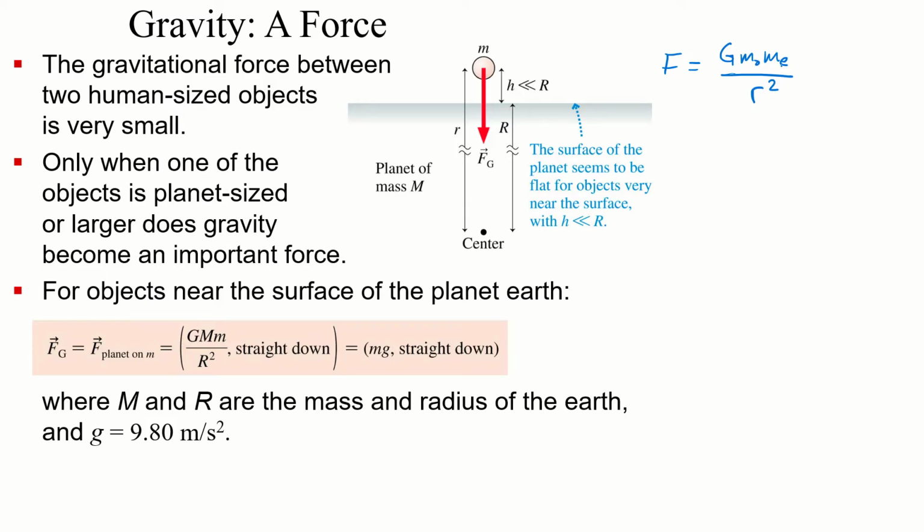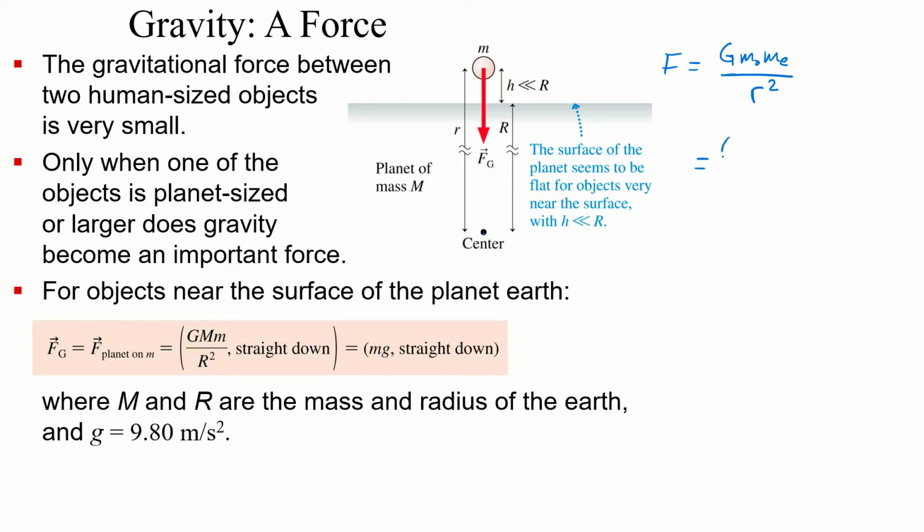Now, the mass of the Earth is huge, right? You can look it up in the front of your textbook. G is really small, and the distance between the Earth and that object is essentially just the radius of the Earth. If you look at the radius of the Earth and you add even 100 meters because you're at the top of a skyscraper, it's really approximately the same number as the radius of the Earth.